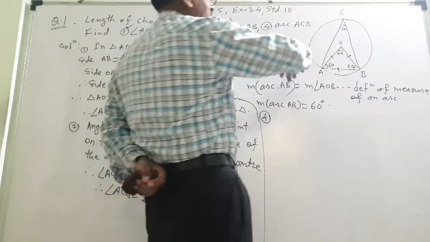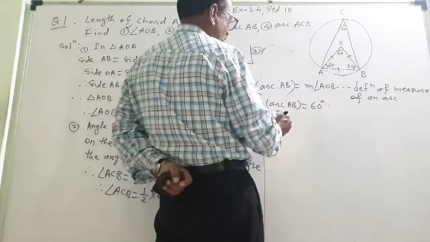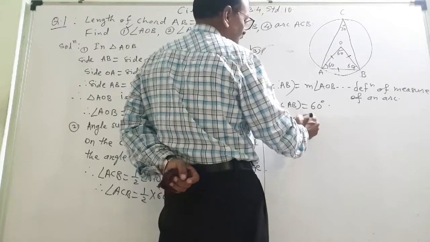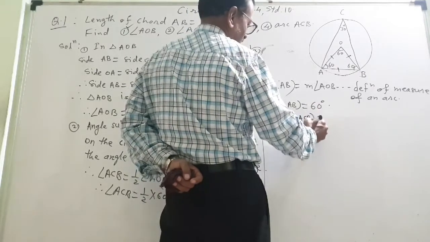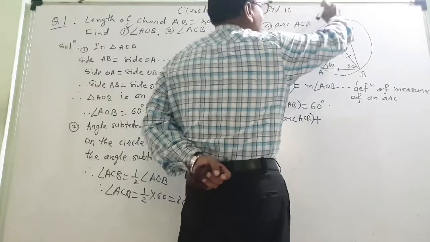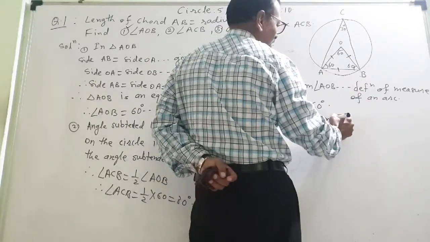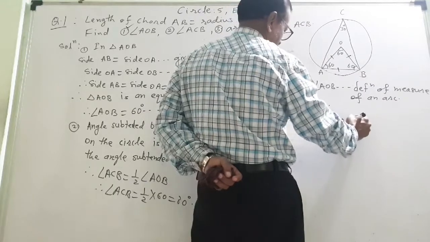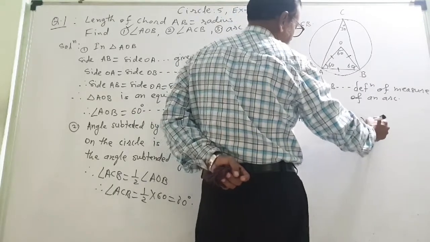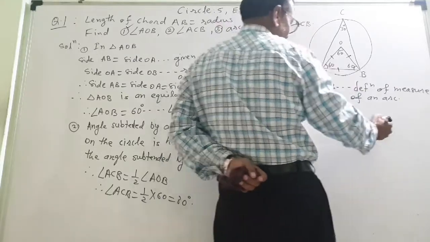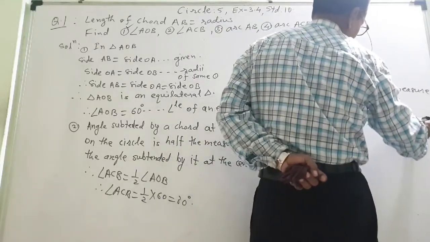Measure arc ACB. So that I want, measure arc ACB, that is this to this, plus measure arc AB equal to 360 degree. Why? This is nothing but the circle, measure of a circle.